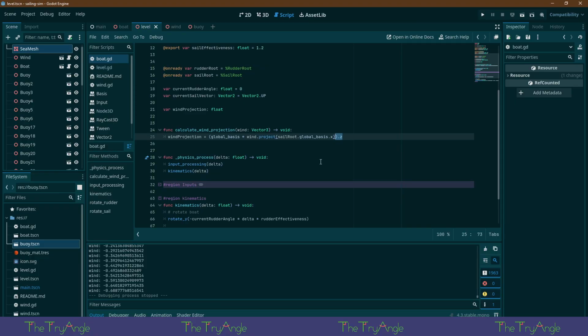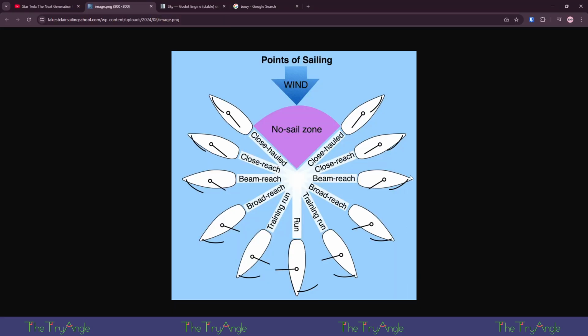And if we just get the z-axis, if we project it relative to the boat, that's what we're going to get. I kind of wonder. Oh, it feels like we're going to have to do a few different projections. We'll have our wind.